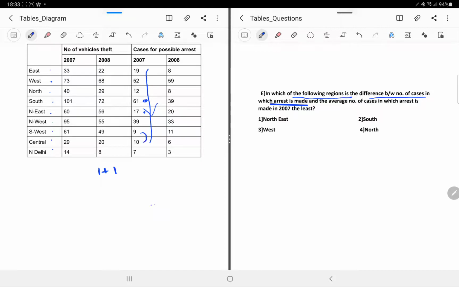And this is 9 plus 10, 19, and this is 26. So we had computed earlier, so this is 226.